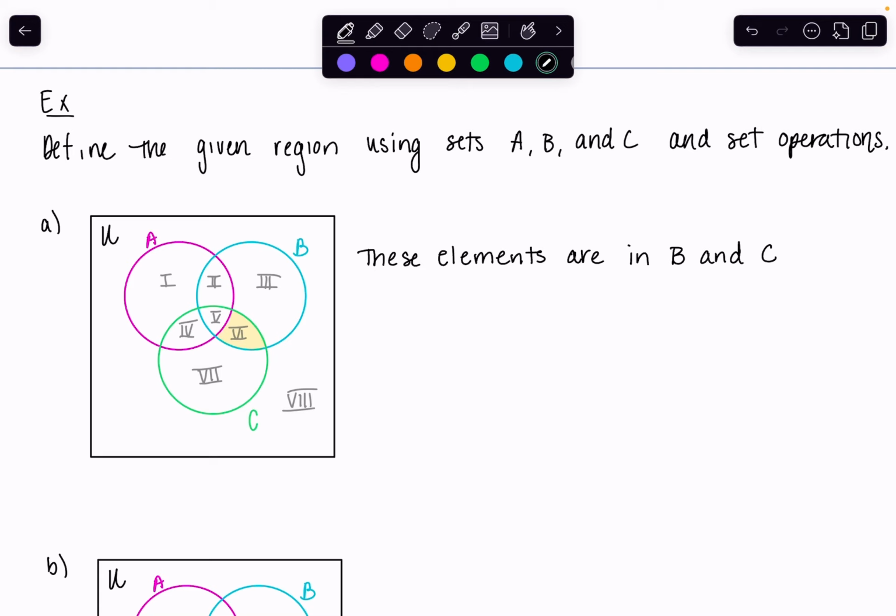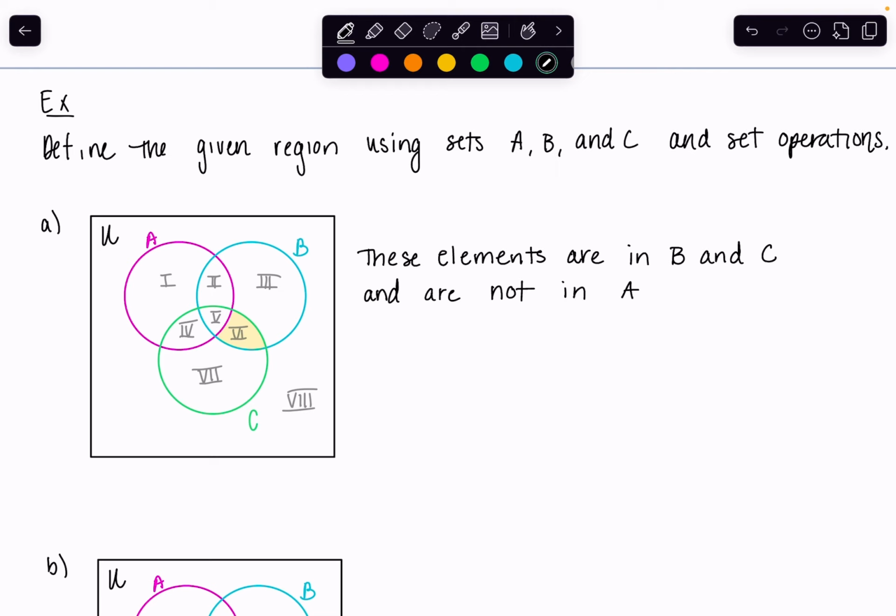So they're in B and in C, but are not in A. Okay. Now we usually use the phrase "but" that doesn't equate to an operation. So another way you could say this is they're in B and in C and they're not in A.